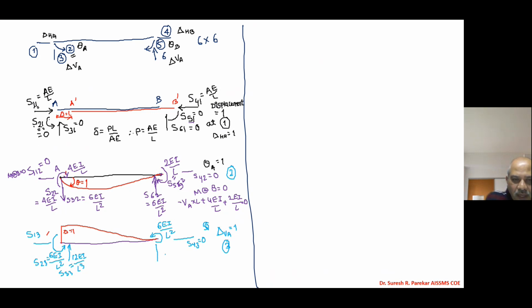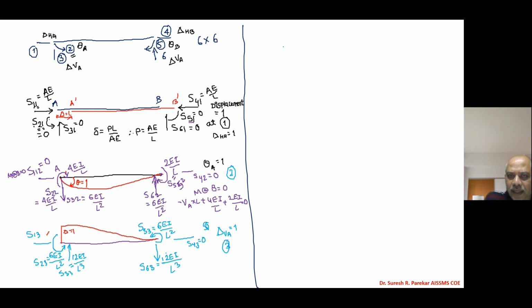Then we have S at 5 due to 3. So S at 5 due to 3 is again -6EI/L². And by summation Fy = 0, we have S at 6 due to 3, which will be equal to 12EI/L³, but that is in downward direction. So same way you can go for other three, that is 4, 5, 6, and we will get same values.